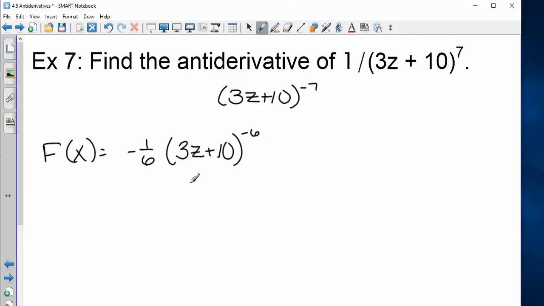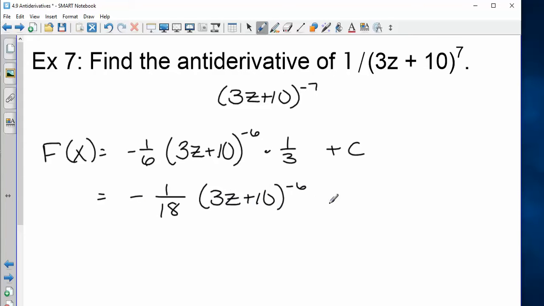Negative 1/6. Okay, when you do this derivative, you multiply by the derivative of the inside, which is 3. So what else do we need? A 1/3. So negative 1/6 and negative 1/3 gives me negative 1 over 18 times 3z plus 10 to the negative 6 plus c.